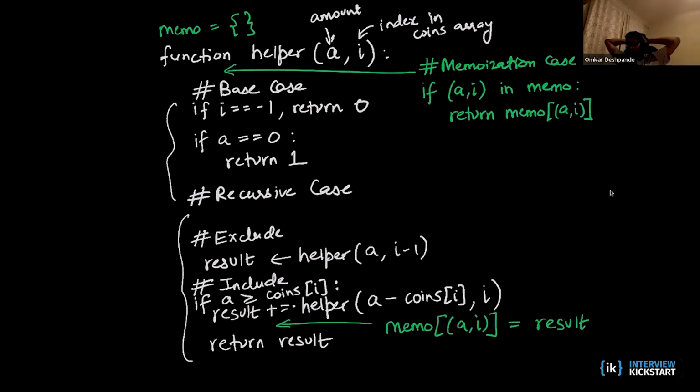In this case, at the very beginning, you check whether the problem is already solved, and then only you proceed. I'm not sure it matters here. It depends on whether you're hitting base cases more frequently or memoization cases more frequently. So yeah, it should be fine.